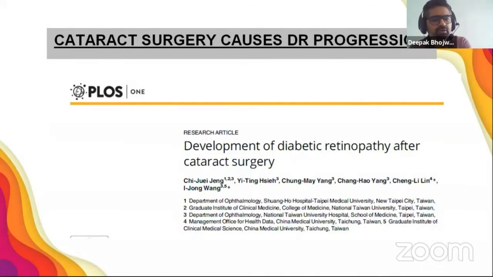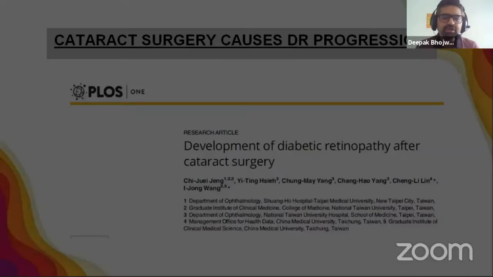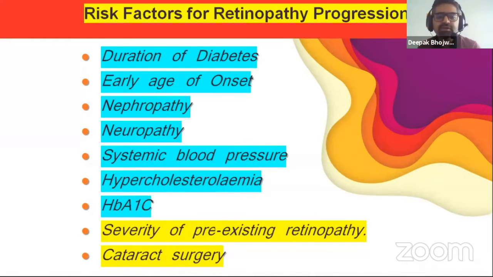So what went wrong? Diabetic retinopathy can develop after cataract surgery. It is very important to know this. One of the risk factors for developing diabetic retinopathy is cataract surgery. Also, there are many other risk factors which I would like to highlight. You can put them on the checklist whenever you are seeing a diabetic patient who is planning a cataract surgery: duration of diabetes, patients who have early-onset juvenile diabetes, patients who have comorbidities like nephropathy, neuropathy, patients having blood pressure issues, cholesterol issues.